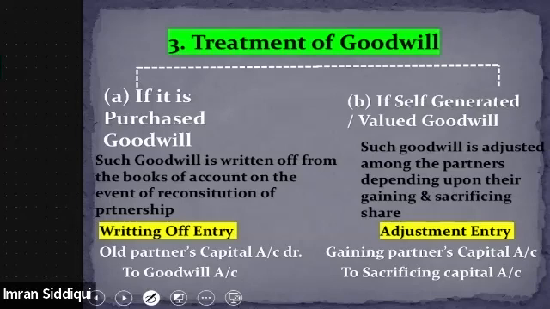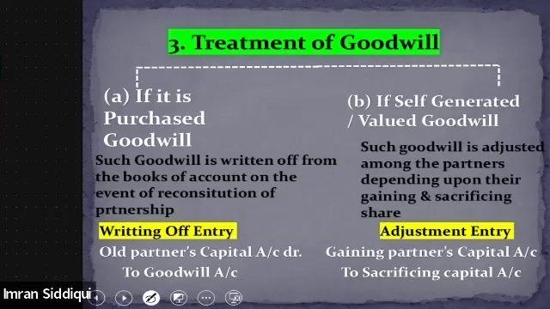Keep in mind that whenever goodwill appears in the books of account, meaning in the balance sheet on the asset side, that always means it is purchased goodwill. Only purchased goodwill can be written in the books of account.